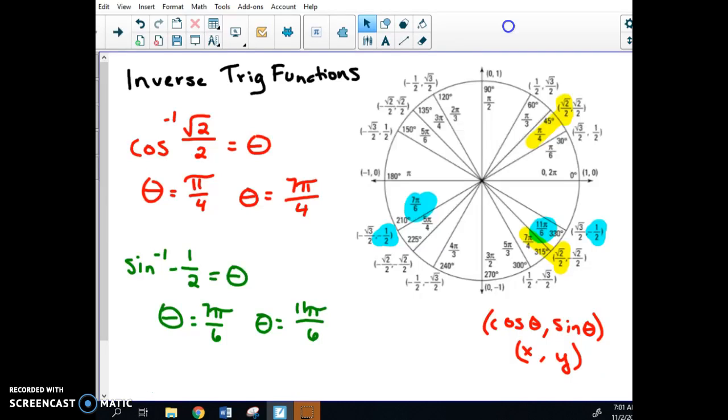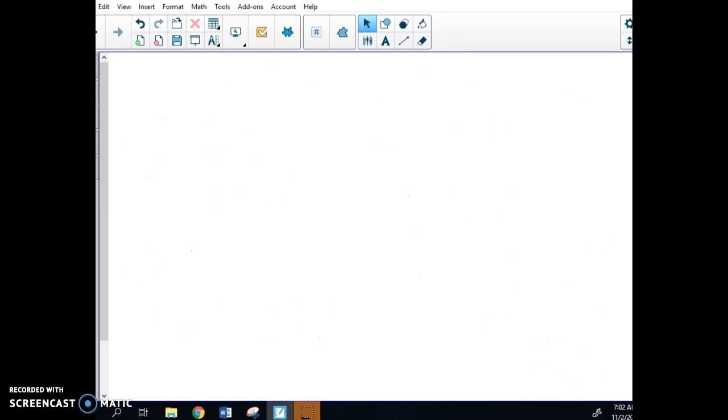It's the same concept. Next, we're going to be looking at the graphs of these and talking about the domain and range. When we deal with inverse functions, remember that an inverse is where you flip the x and the y coordinate.